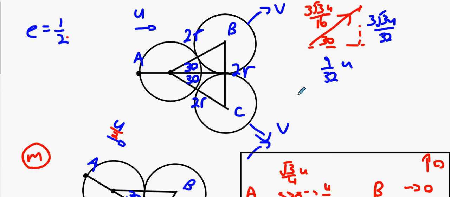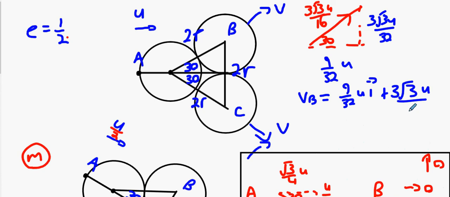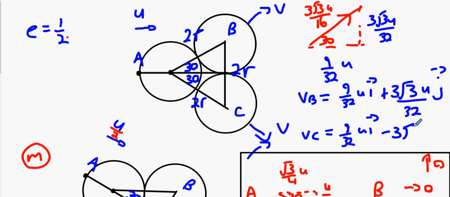The velocity of B after collision is 9 over 32 u i plus 3 root 3 u over 32 j. Now velocity of C is going to be the opposite, except its j component is going to be negative. Okay, so it's going to be minus 3 root 3 u over 32 j.